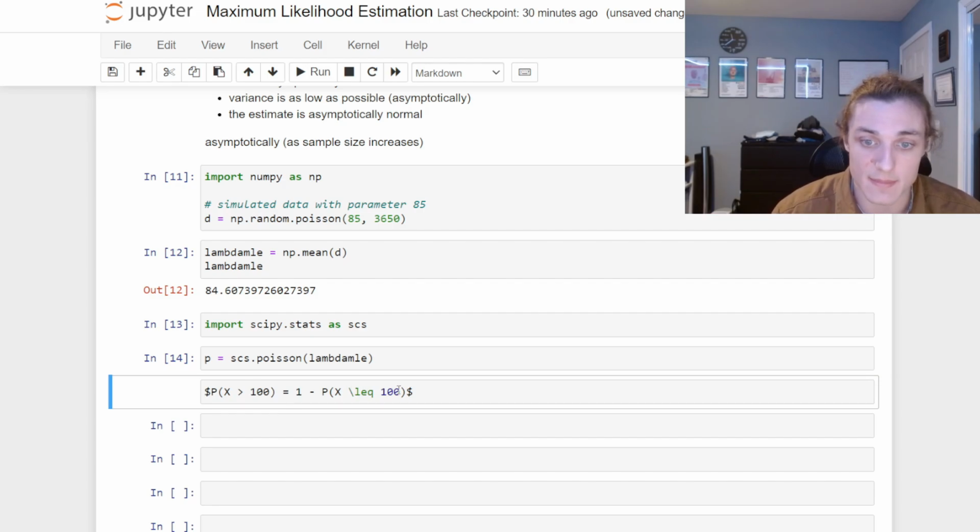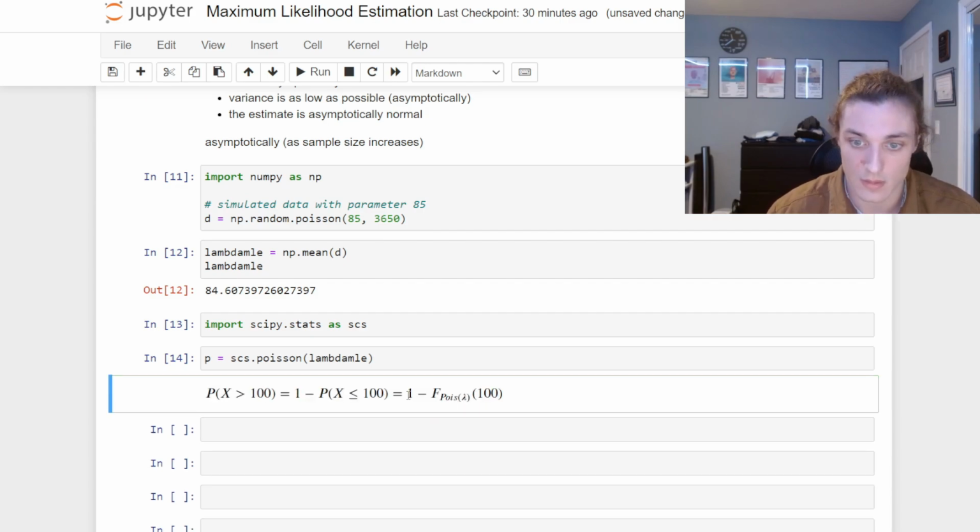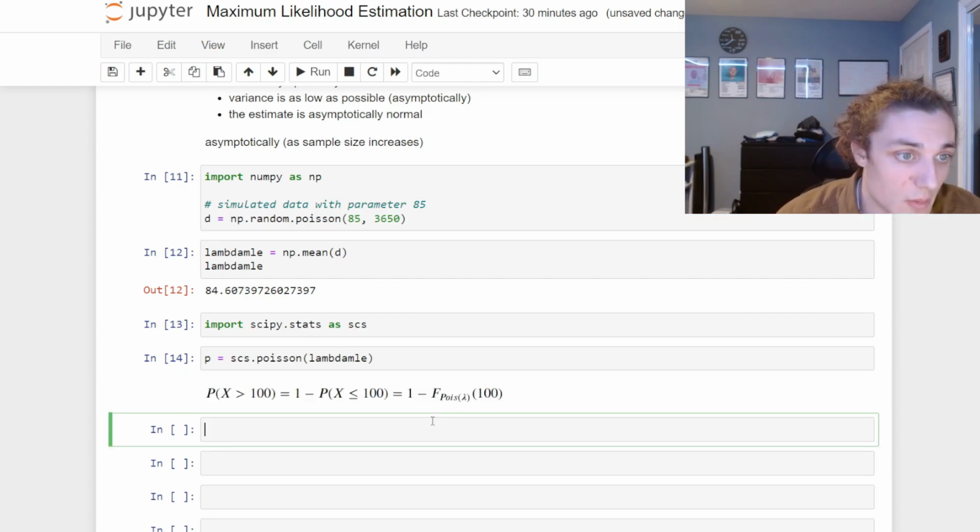And this is the same thing as the cumulative distribution function for the Poisson distribution, which we all know well and good.